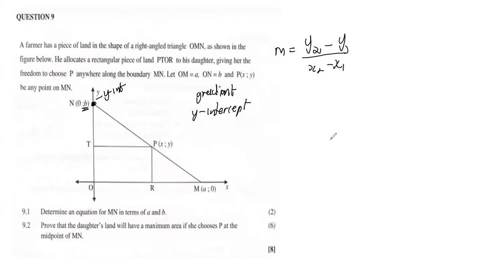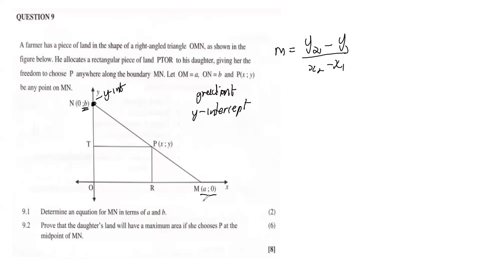Now, do not be intimidated by the fact that you don't have the coordinates for A and B. The way in which you solve a mathematical question is the same, whether you have the numbers or only the variables. So you still follow the same procedure. And by the way, they said in terms of A and B, which indicates that you must not look for the values of A and B. You should just substitute A and B as they are.